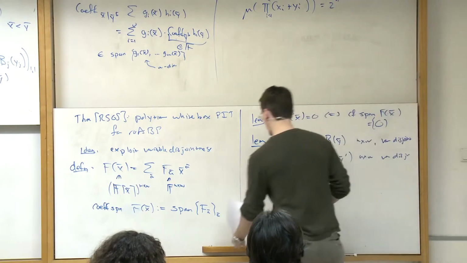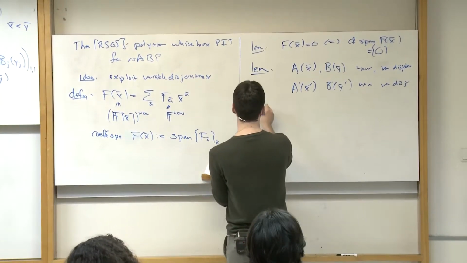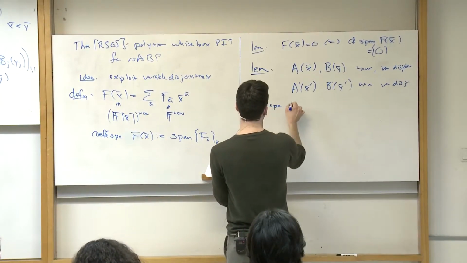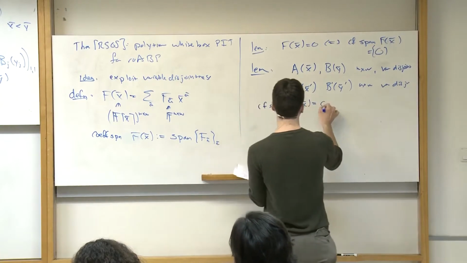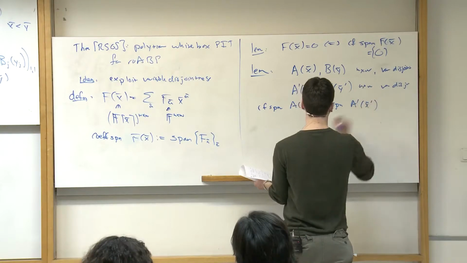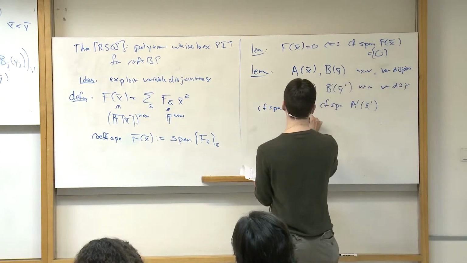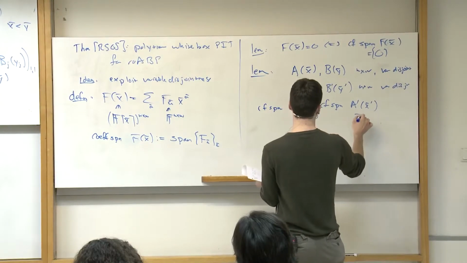And what's the hypothesis that I want from this conversation? I want that the coefficient span of A of x is equal to the coefficient span of A prime of x prime. Suppose this is true, and suppose the same thing is true for B of y and B prime of y prime.